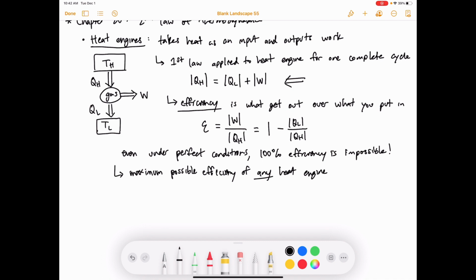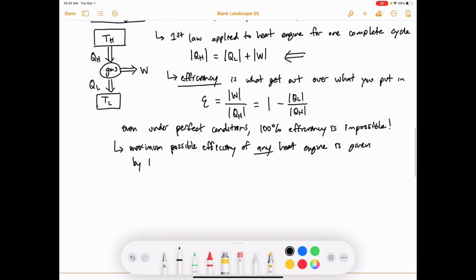Instead, it's given by the Carnot efficiency. The efficiency of a Carnot engine is equal to 1 minus TL divided by TH. So you can see that this is never going to be exactly equal to 1. It's always going to be something less than that, which means, again, 100% efficiency is not possible.